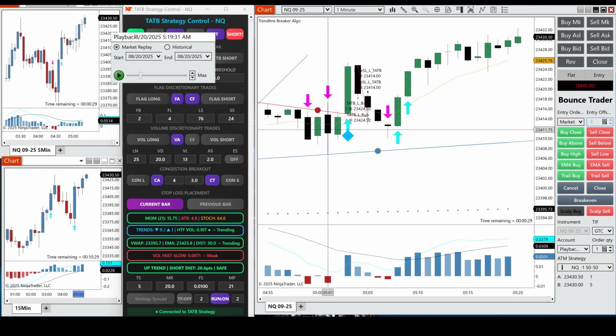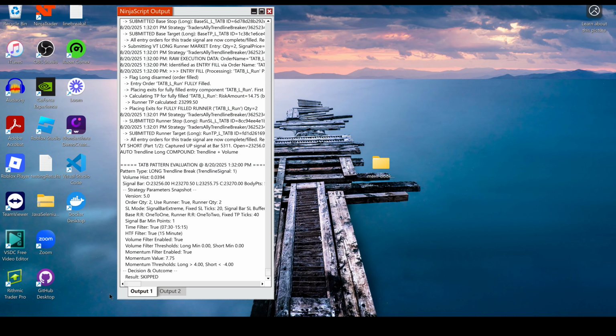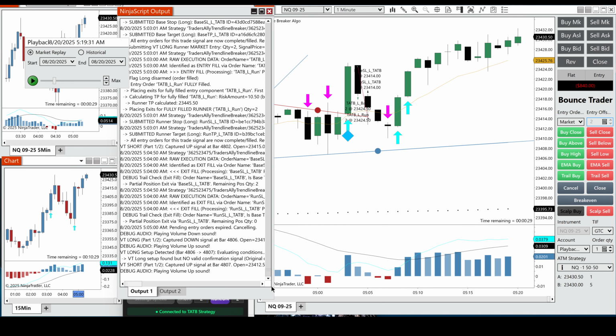As you notice, I disabled the time filter, so it's probably not going to be accurate, but for the sake of the setup, I wanted to show you. Let's see what we have here.